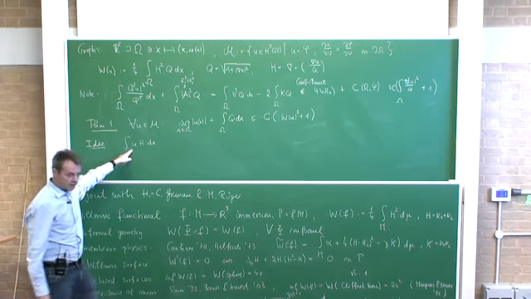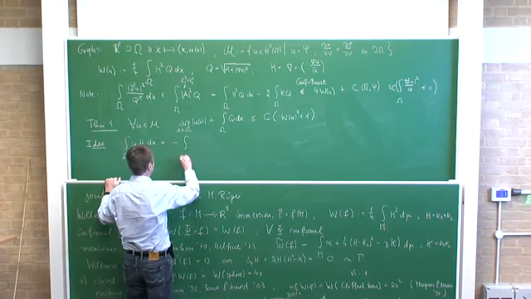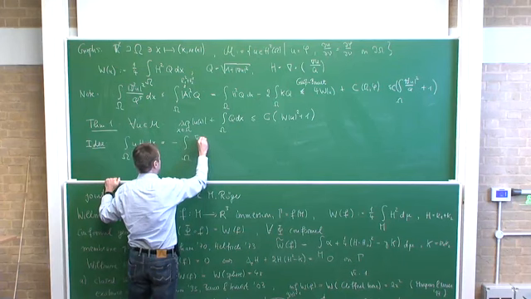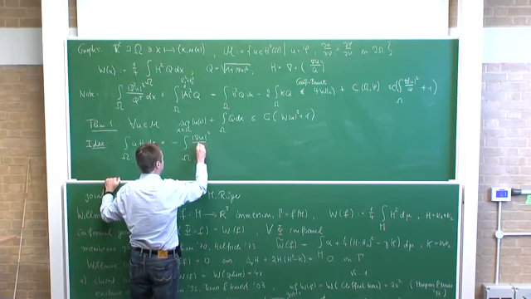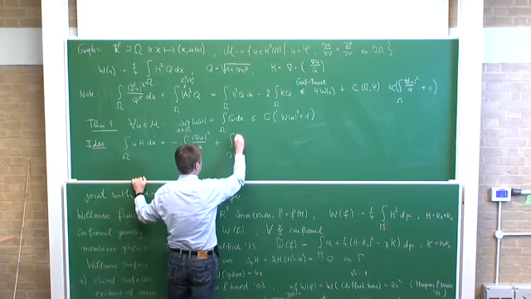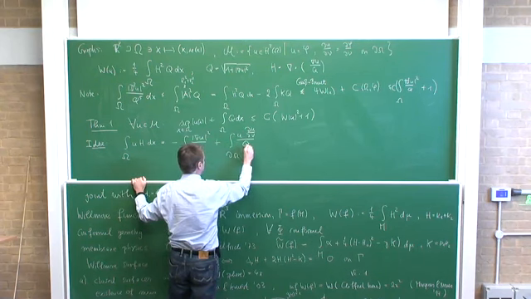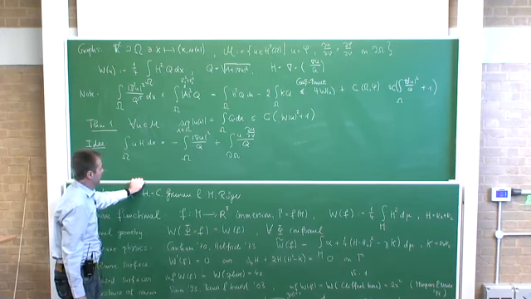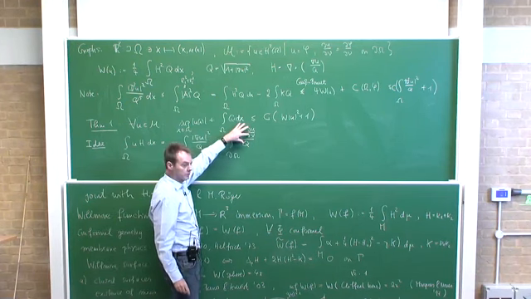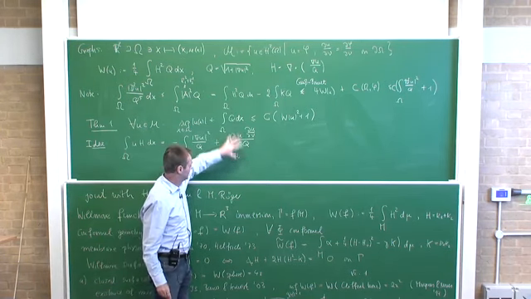If you do integration by parts, what you obtain is minus, you throw the gradient onto the u, so you get gradient u squared divided by q, plus a boundary integral of u times du by dnu divided by q. The boundary term is fine for us because u and du by dnu are given in terms of phi. Q is greater or equal to 1, so this is bounded.